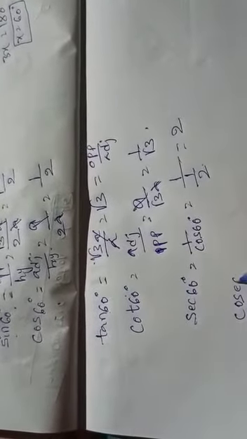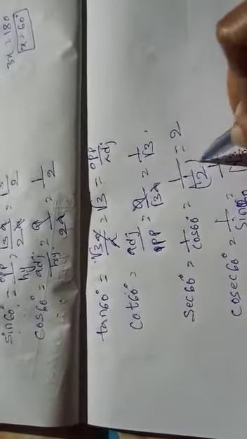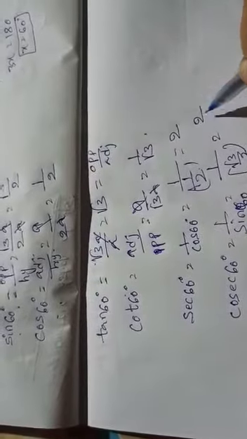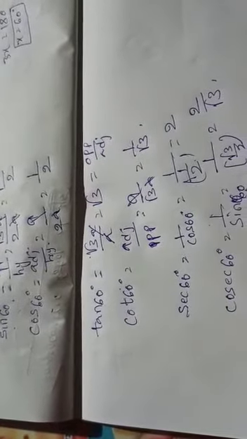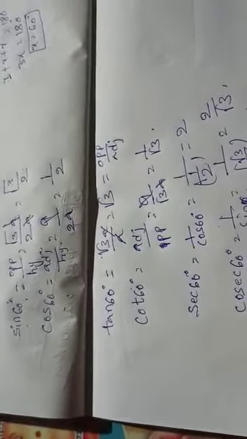Cosecant 60 equals 1 by sin 60. Sin 60 is root 3 by 2, so it equals 2 by root 3. Or hypotenuse by the side opposite to the angle 60. 2 by root 3.